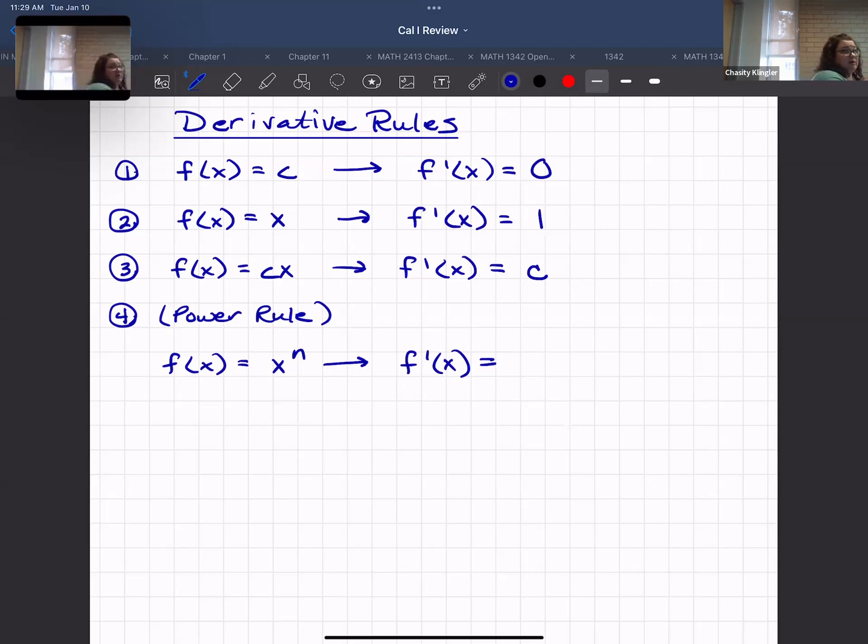Pull it in the front, okay? So pull n out in front, and that's times x to the, what's the new power? n minus 1.